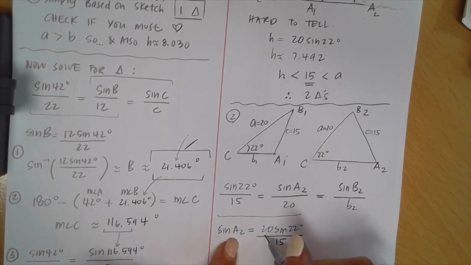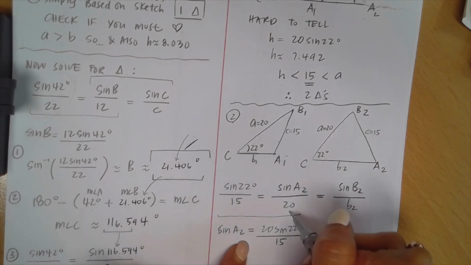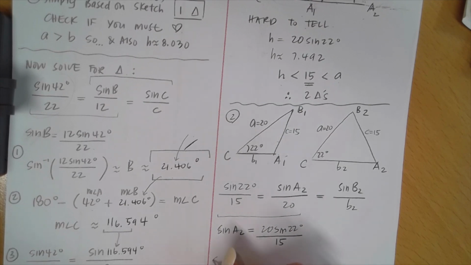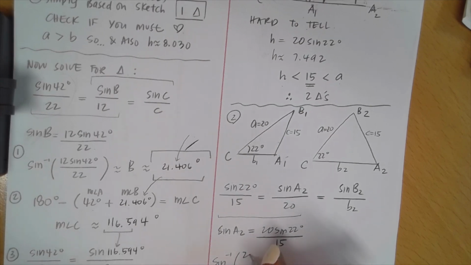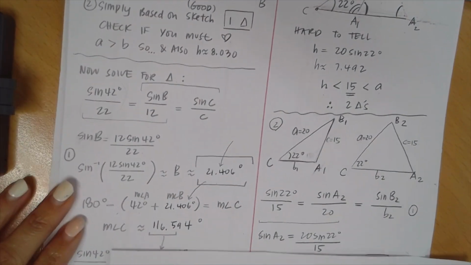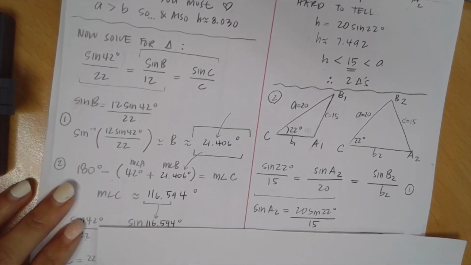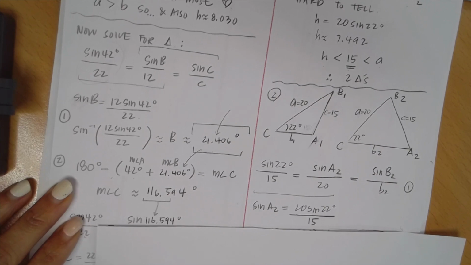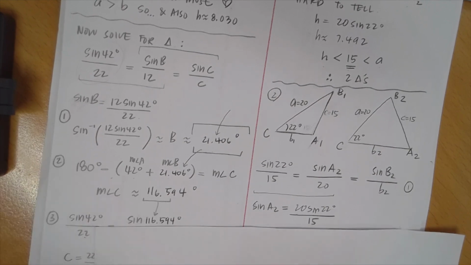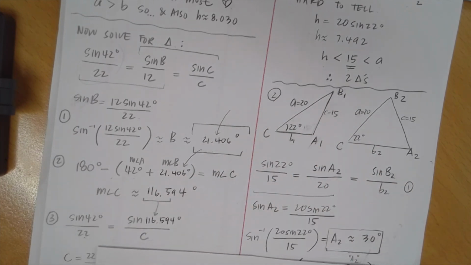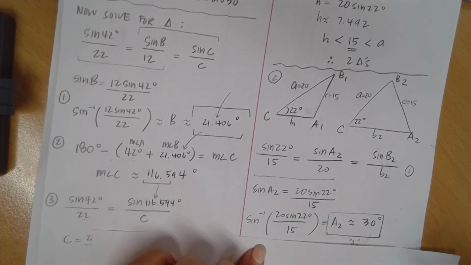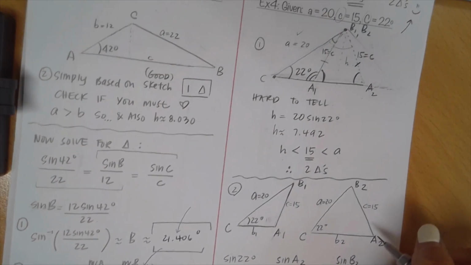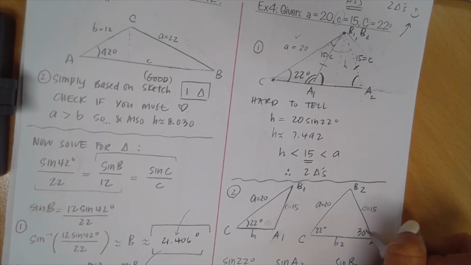So that means A2 is inverse sine of 20 sine 22 degrees over 15. As you can see how this equation works out. When I calculate this using the inverse sine, I get that A2 is 30. So let's label that here. A2 is 30 degrees here.